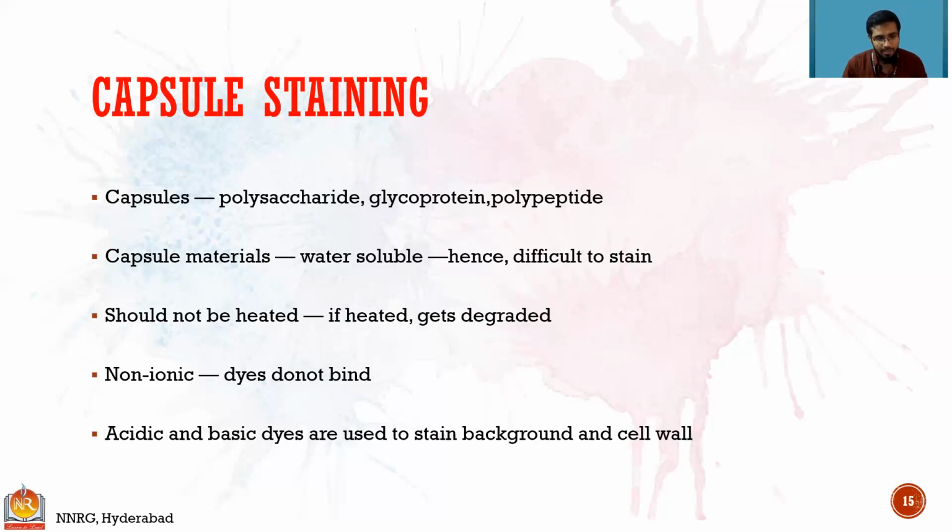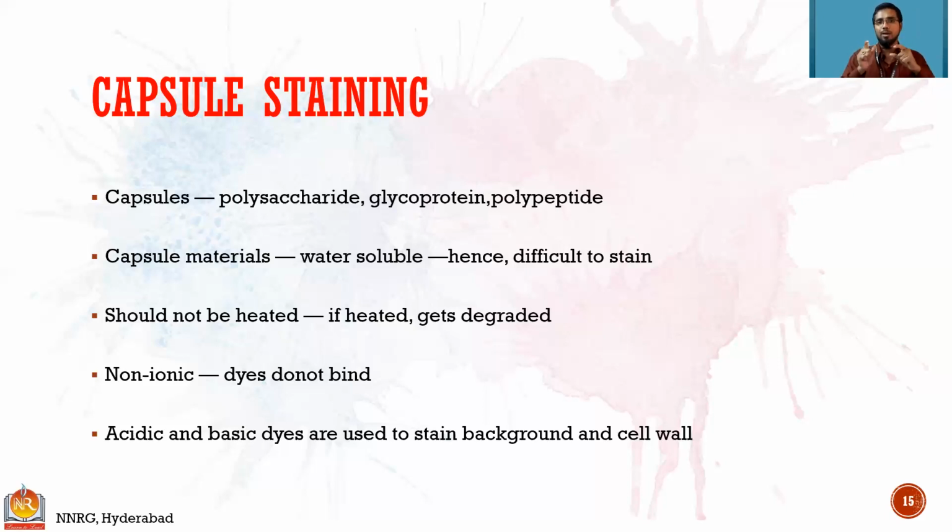The capsule is non-ionic, therefore dyes do not bind to it. So when dyes are not binding, how do we impart color? In order to impart color, the substance should have a charge, either positive or negative. Suppose I take a magnet and an iron nail.